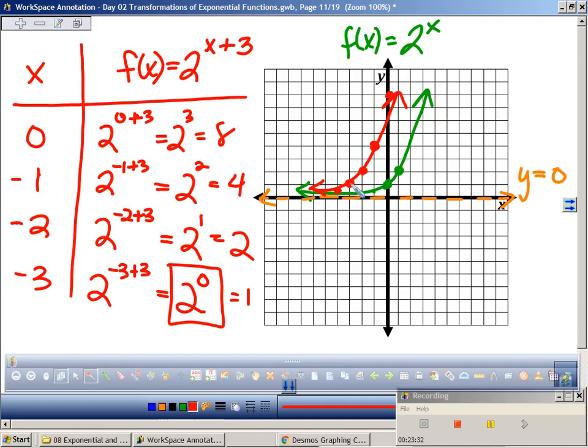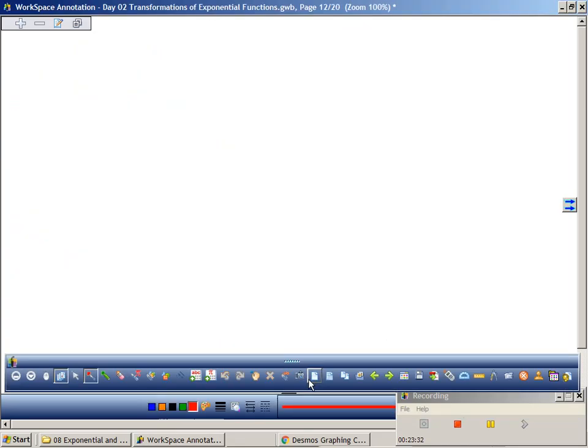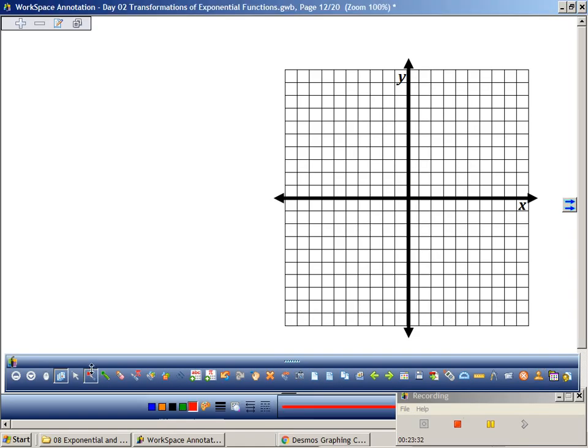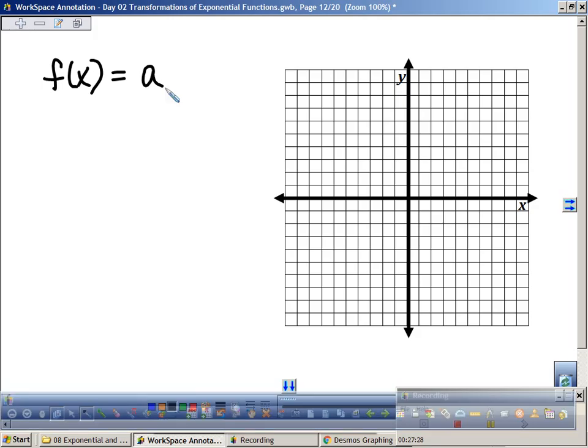So let's talk about what all this means. Here's our magic formula, guys. You're going to see lots of letters that you're familiar with. What do you think B stands for? Base.